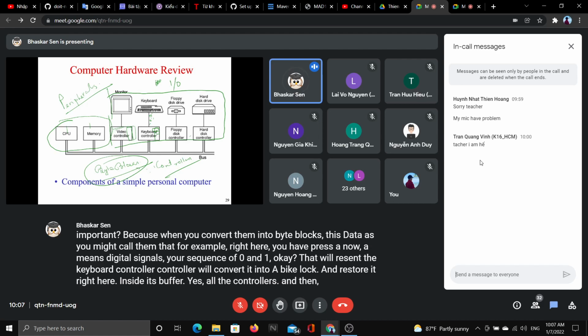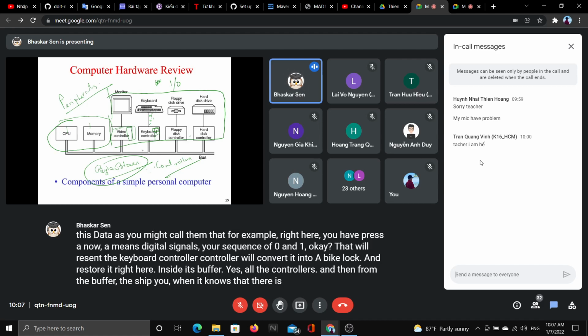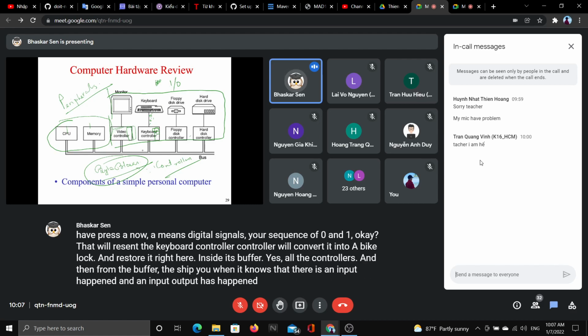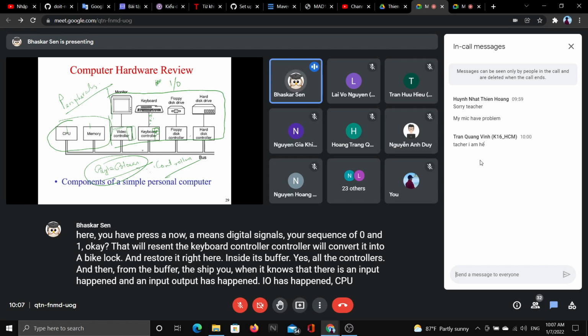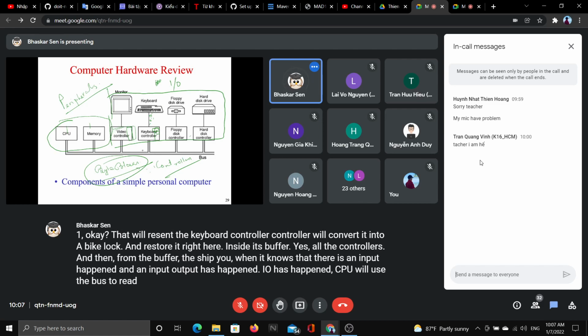And then from the buffer, when the CPU knows that an input, an I/O, has happened, the CPU will use the bus to read from the buffer and transfer it to memory.